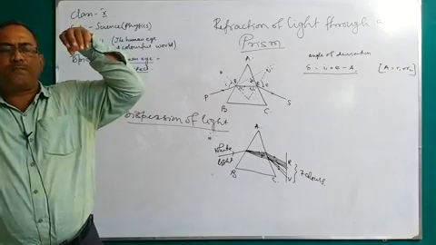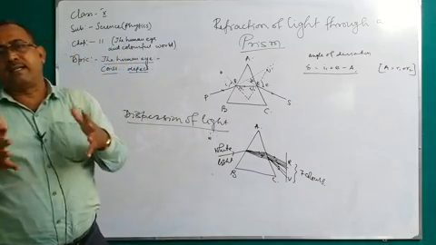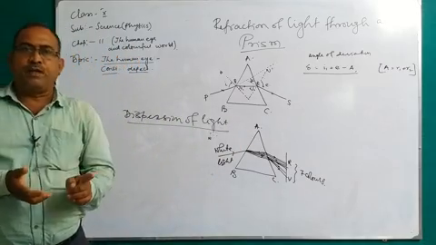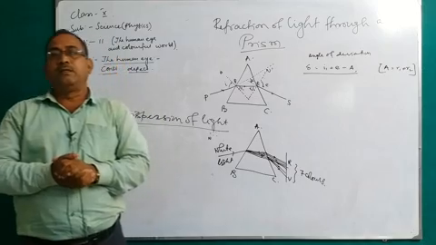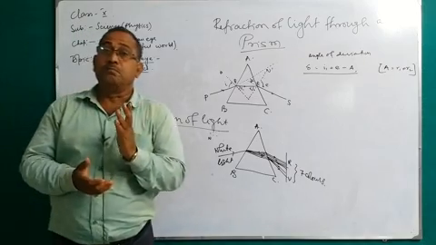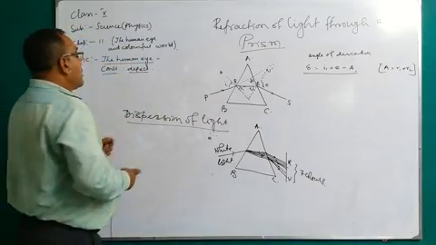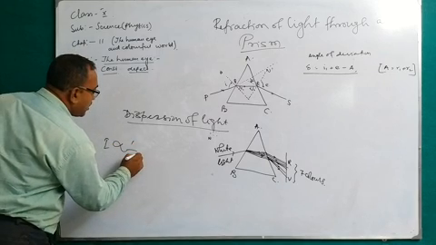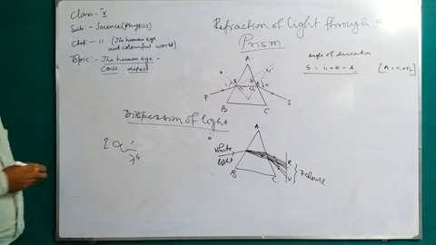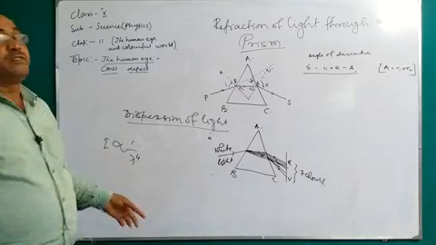From the dust particles, the light will be scattered, and for low wavelength light the scattering power will be more. According to Rayleigh's relation, scattering power is inversely proportional to lambda to the power 4. If the wavelength is less, the scattering power is more.